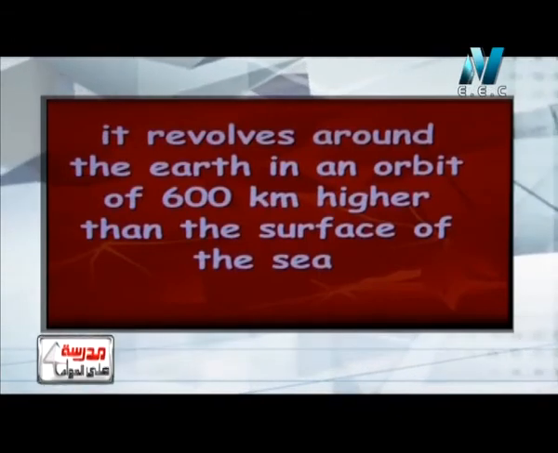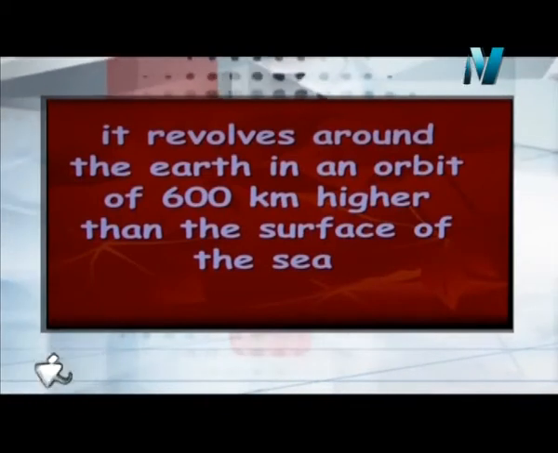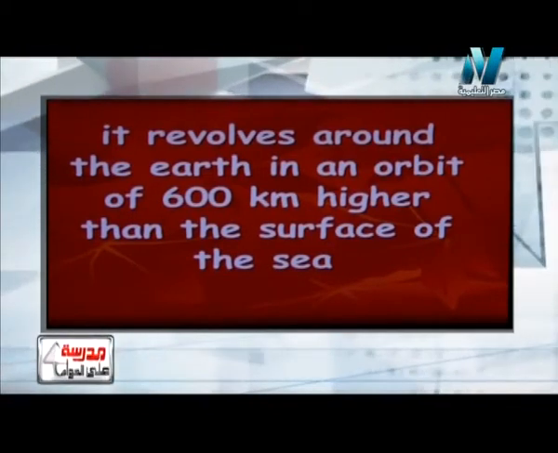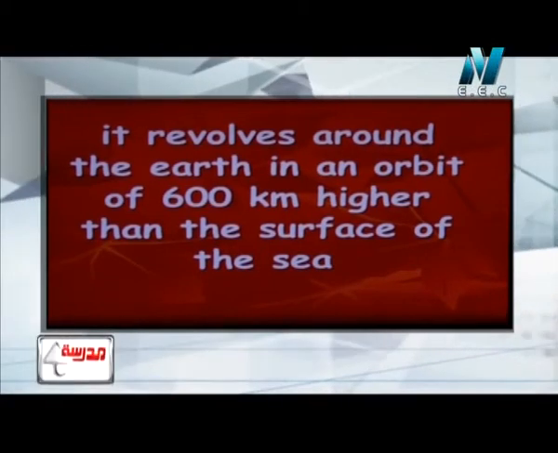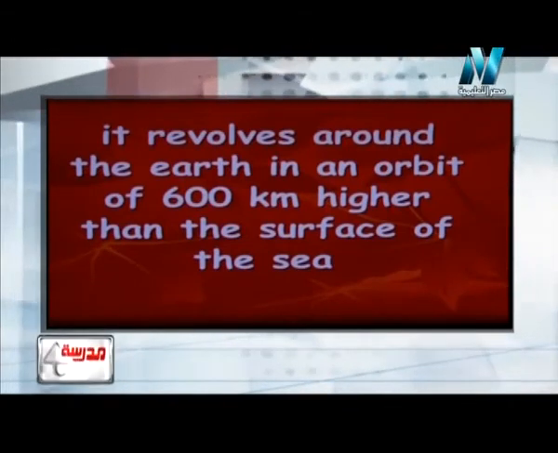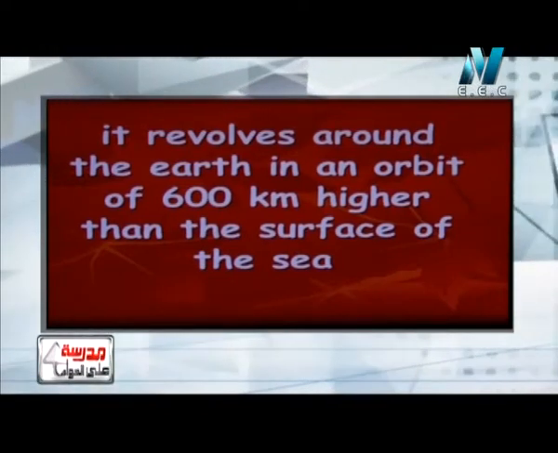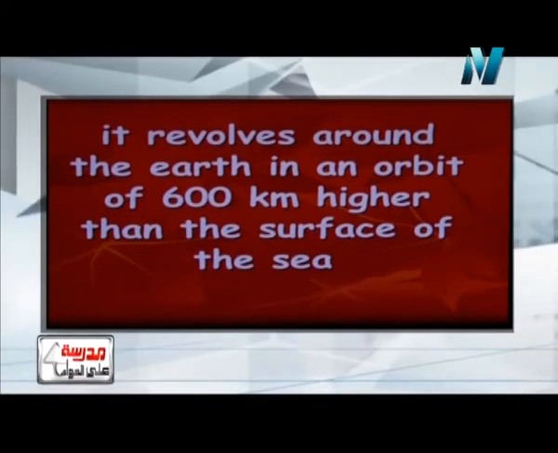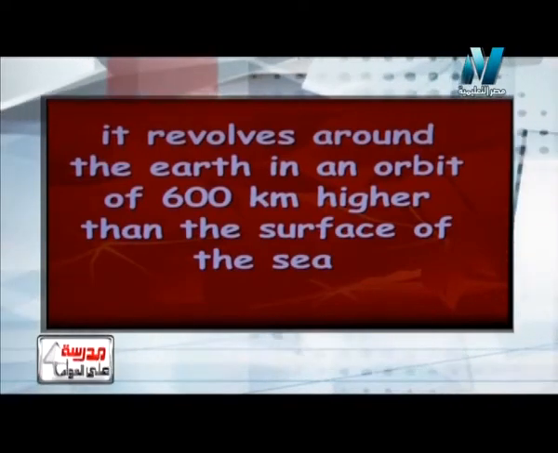It revolves around the Earth in an orbit 600 kilometers above the surface of the Earth, or about 593 kilometers, approximately 600 kilometers. It is not on the Earth, but orbits at an altitude of about 600 kilometers.